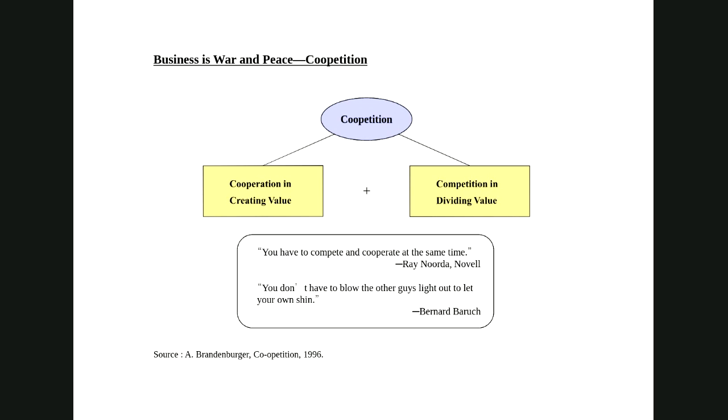Co-opetition means cooperation in creating value as well as competition in dividing value. We improve our value creation through cooperation and competition. Samsung is providing their camera module to Apple and Huawei. And Huawei buys camera modules from Samsung.